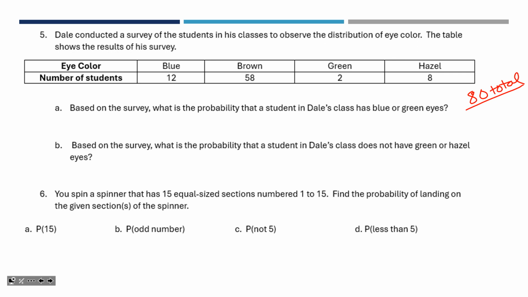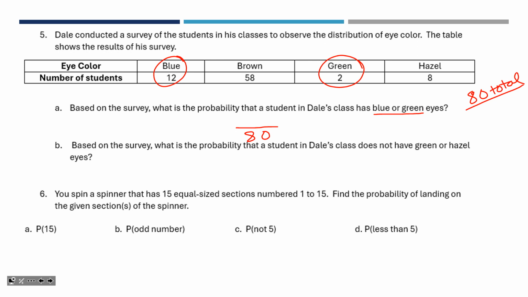And then in question A, it says based on the survey. So based upon that survey, what's the probability that a student in Dale's class has blue or green eyes? So there's 80 possible outcomes, or in other words, 80 possible students. We want to look at blue or green. So that could be these people, or it could be these people. One or the other. When I see that word or, I add those 2 numbers together.